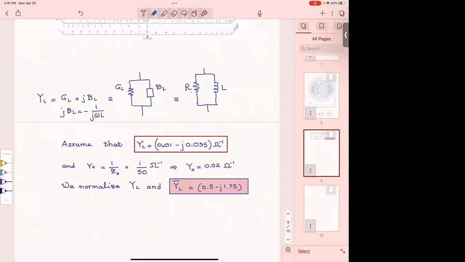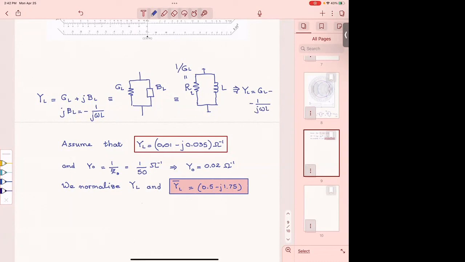If you were doing all the calculations to find the admittance of this, you would find that the admittance is GL, which is 1 over RL, minus 1 over j omega L. That's what it is, all right?